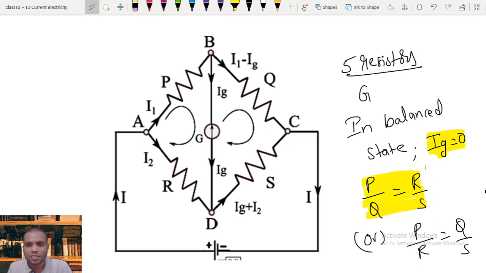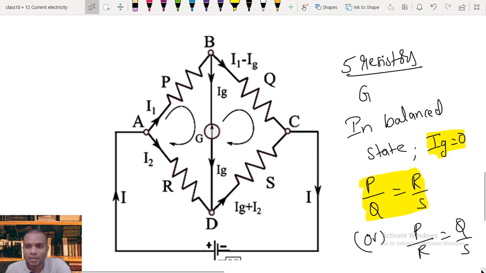This can be more handy when we deal with the practical. In the practical, when the bridge reaches the balanced state, the galvanometer does not show any deflection. So that we can understand while doing the practical.